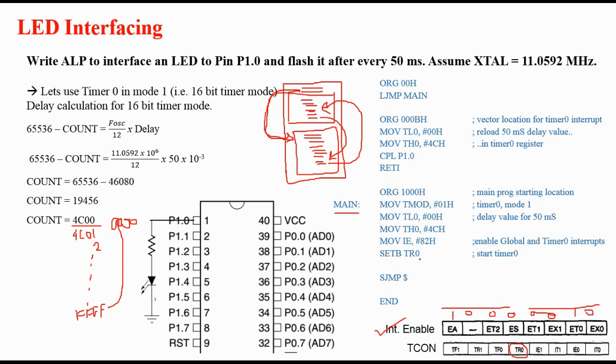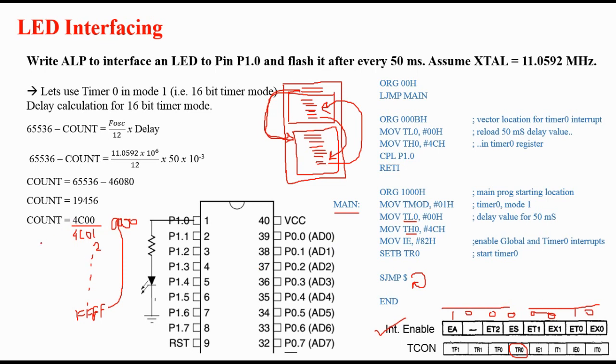We have started the timer, and now write SJMP $. SJMP $ means the program will jump onto the same instruction again and again. Okay, so here our program is jumping on this instruction. It will keep on jumping over here till the timer reaches FFFF, meaning the value inside TL0 and TH0 becomes FFFF.